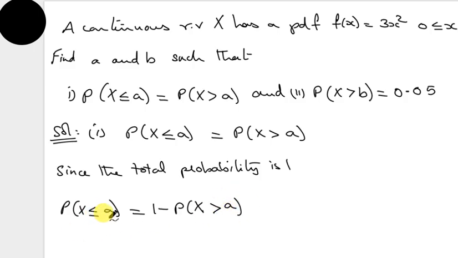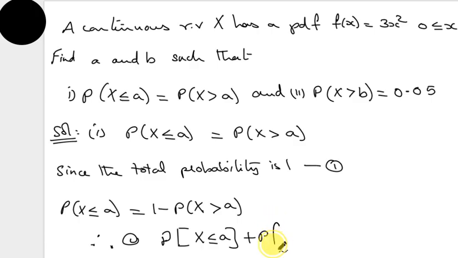Therefore, by condition 1, probability of x less than or equal to a plus probability of x greater than a equals 1.